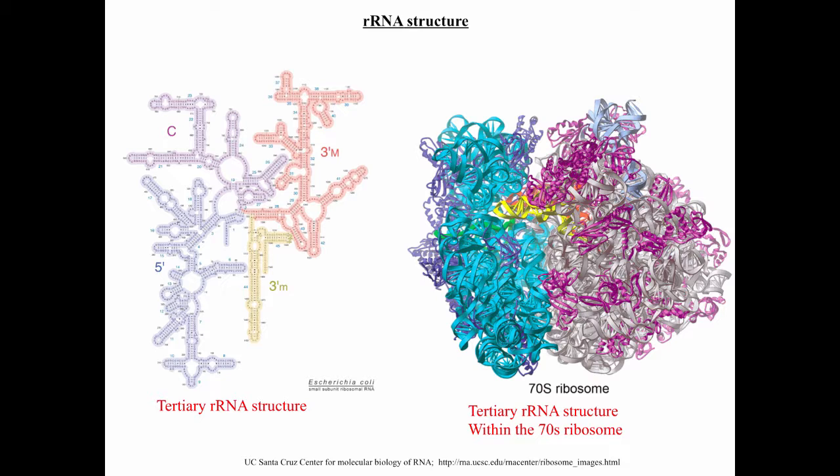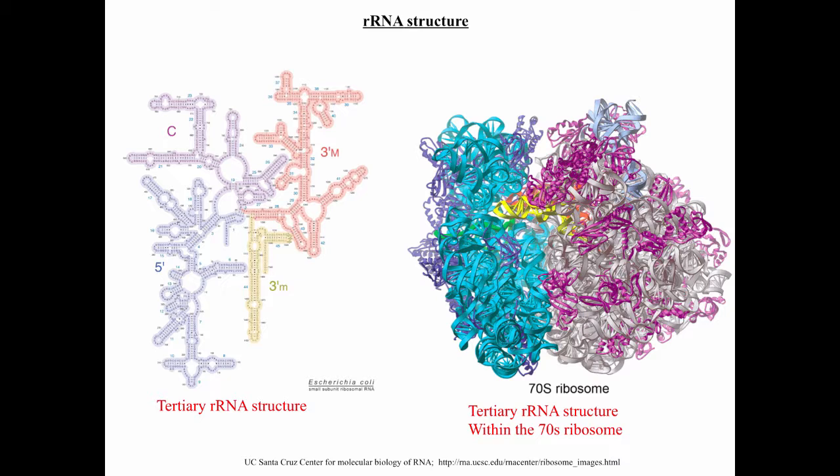Imagine this RNA being incorporated into the 70S ribosome, which includes both protein and RNA intermingled with each other to make the functional ribosome. This is what it looks like. The purple little strands are protein in the ribosome, and everything else, the blue, gray and yellow, represents the rRNA part of the ribosome.